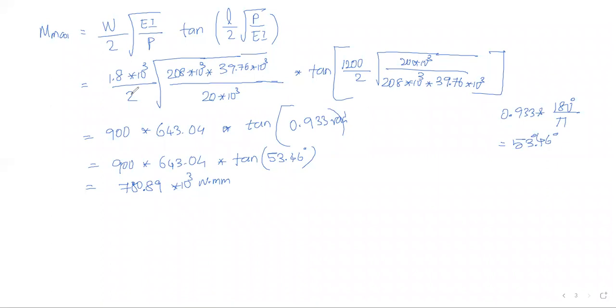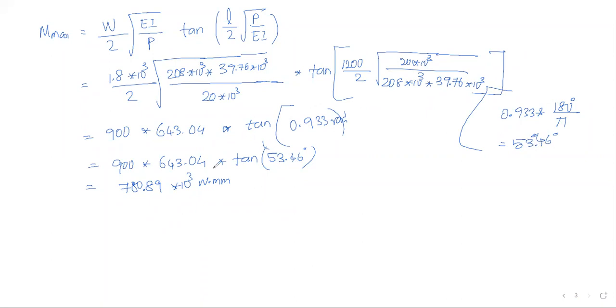So here this term becomes 900 newtons, this term becomes 643.04, and this term becomes tan 0.933 radians. I am going to convert the radians into degrees, so I multiply by 180 degree by pi, so that it becomes 53.46 degree.